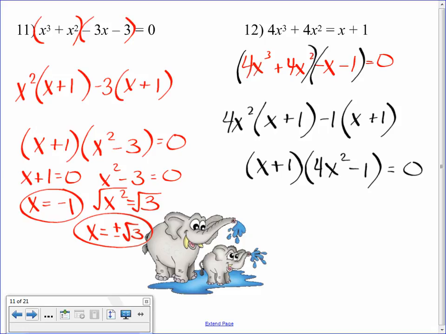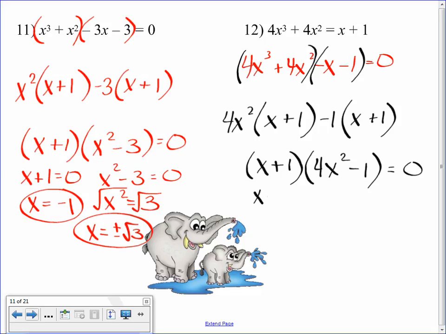Does that make sense? So if there is no GCF, please at least take out a +1. It doesn't change anything, but it will happen at some point. I just need that other term so that when I go to write my factors, I need something there. Okay? So just be careful of that.